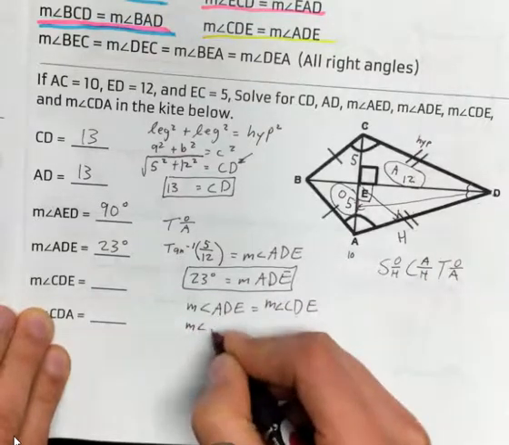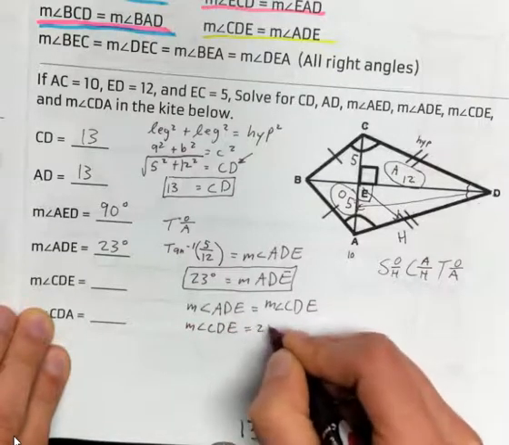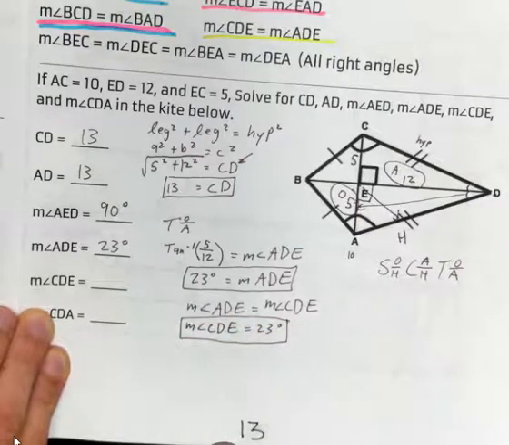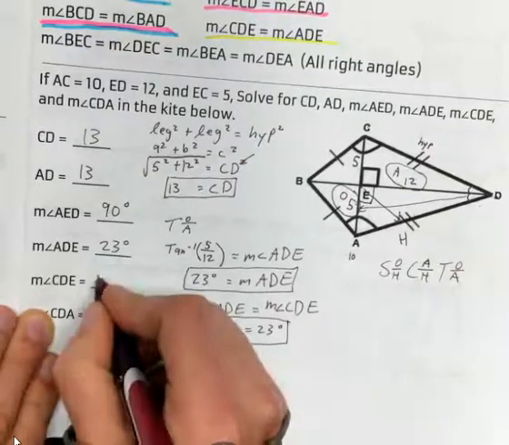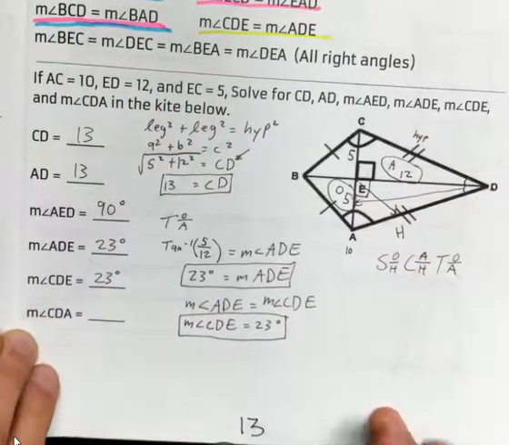So measure of angle CDE is also equal to 23 degrees. All right, and moving on.